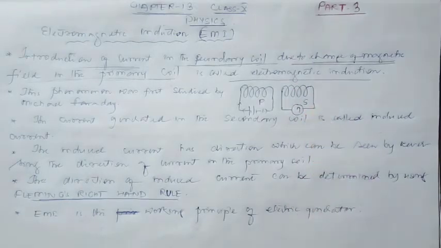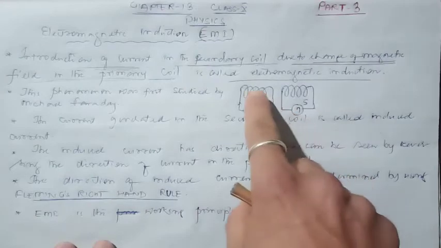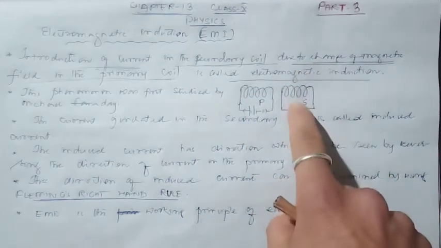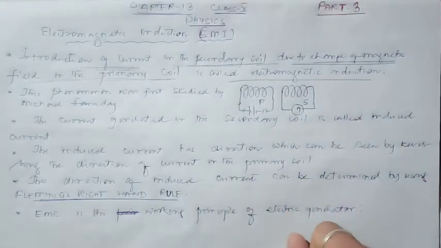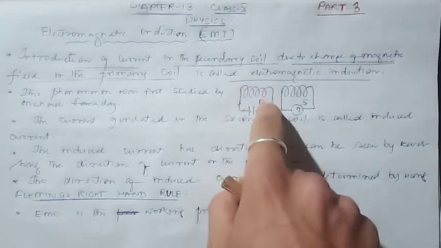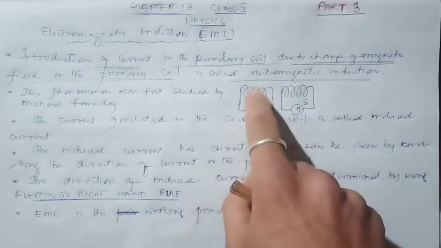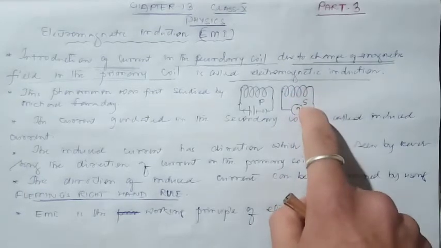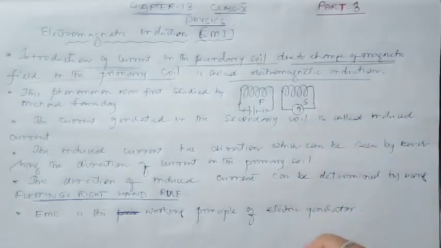So what is the cause of this flow of current? The linked magnetic field around this coil changes. When we plug the key, the current flows through it. Because of that current flowing, the magnetic field develops around this coil. That magnetic field links with this coil, and that linked magnetic field changes. Changes means either increases or decreases.